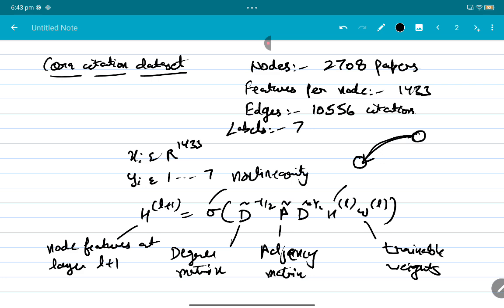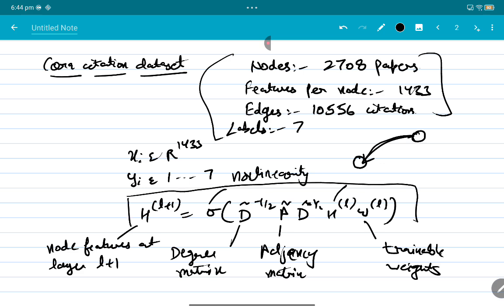So if you want to perform the classification task, we have to utilize this formula for our neural network. For this many nodes and this number of features, it is quite difficult and challenging to implement it from scratch and see how it works.